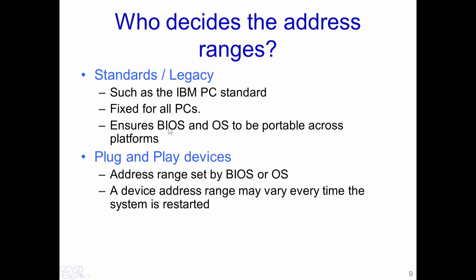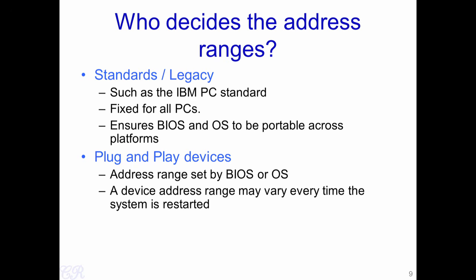The other way in which addresses are decided upon is by something known as plug and play. So, plug and play devices do not have any fixed address location, as we have seen for things like the keyboard or VGA memory and so on, but rather when the system boots and when the BIOS begins to execute, the BIOS would then detect the presence of some particular hardware in the system. For instance, the BIOS would detect that the system has a network card present.